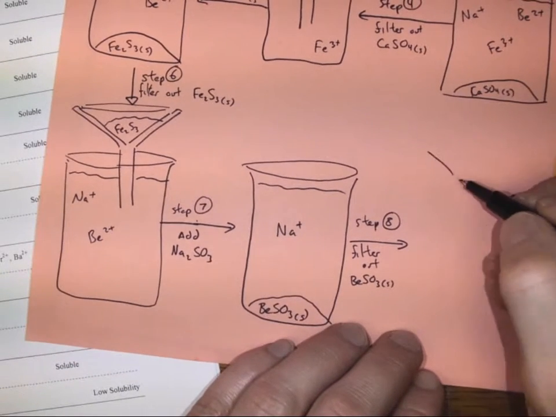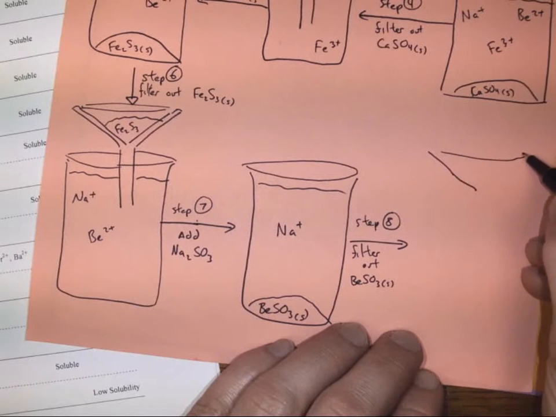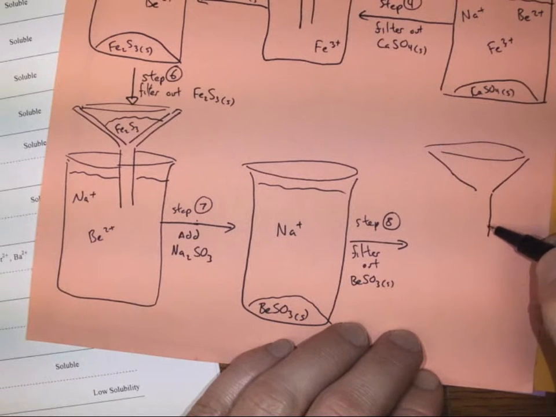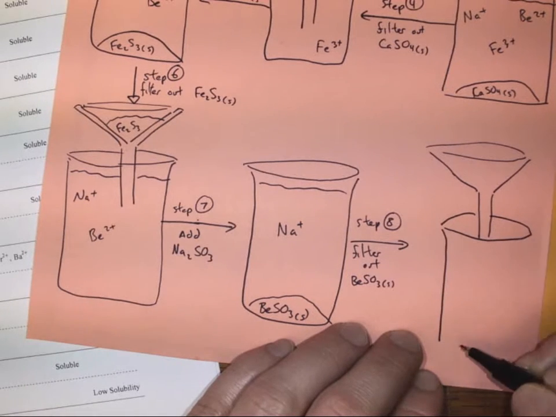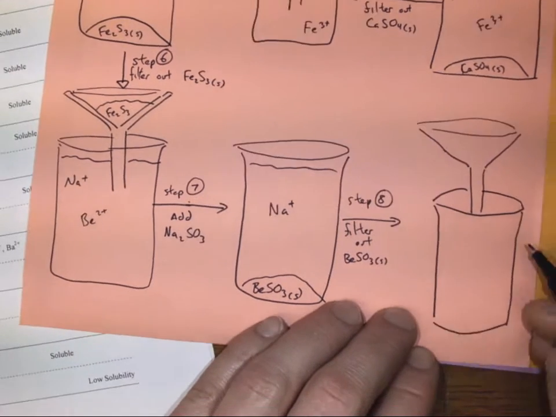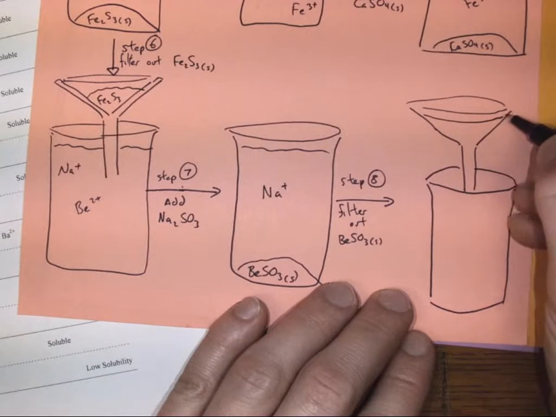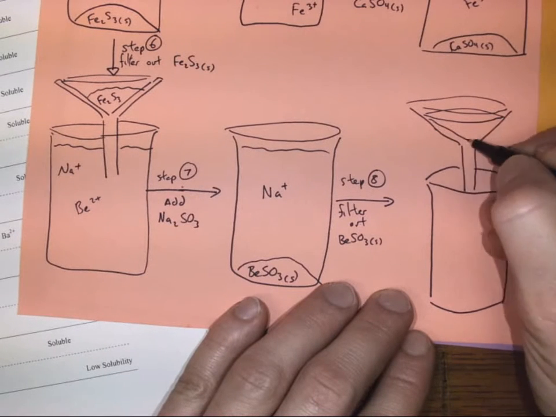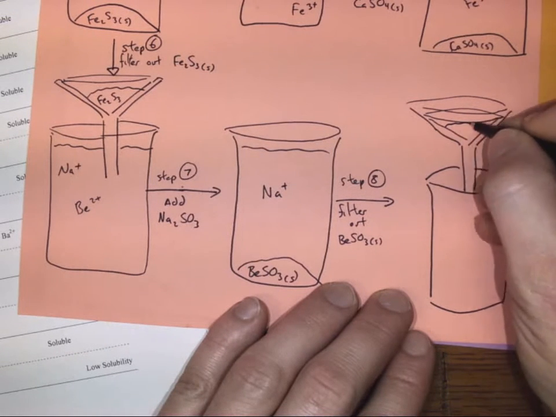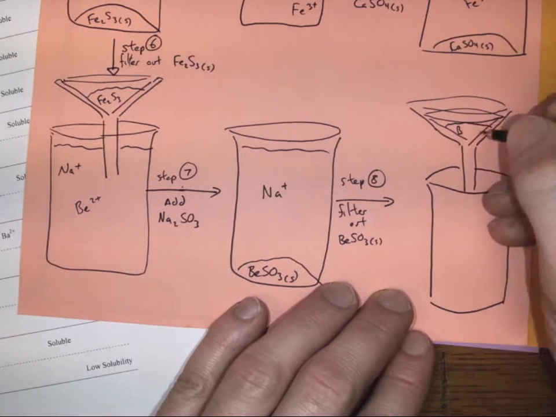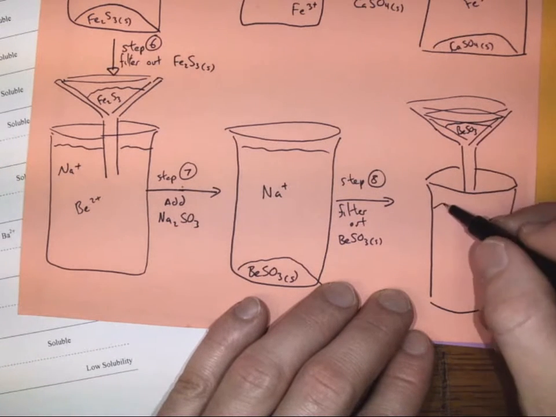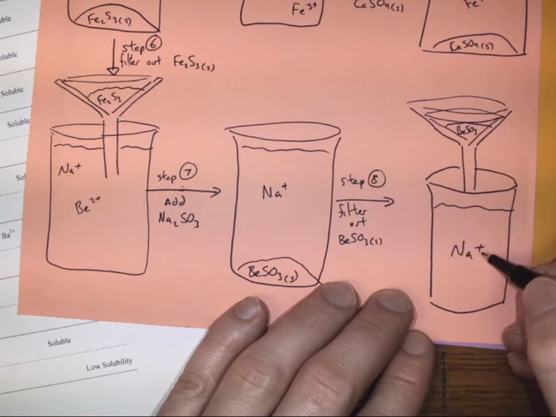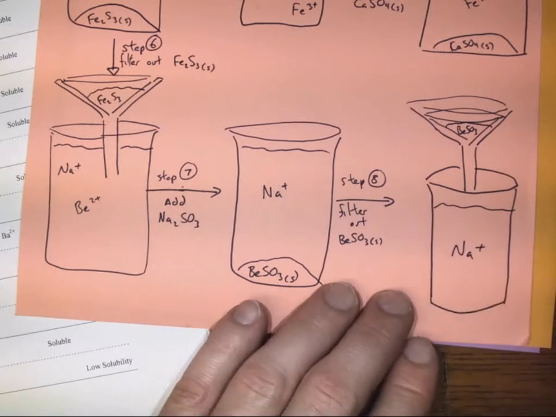And so we'll have this. And so we're going to catch in our little filter here all of our beryllium sulfite, pardon me, and leaving a sodium solution, like salt water, basically.